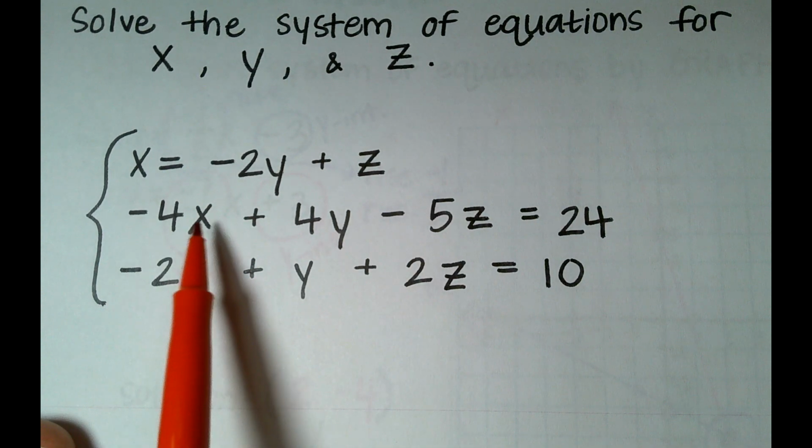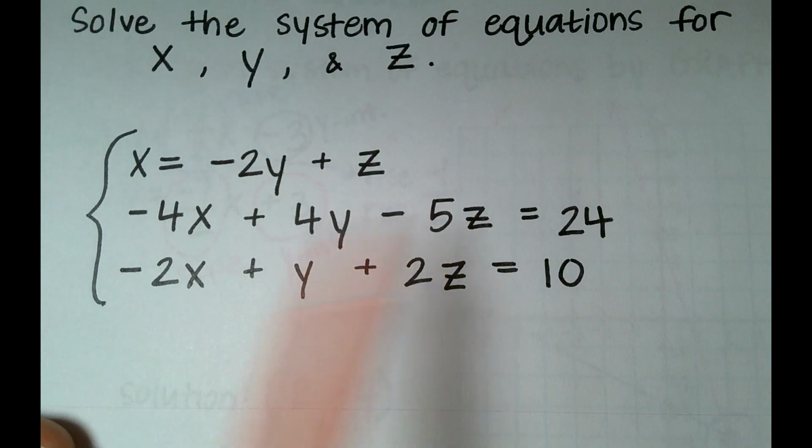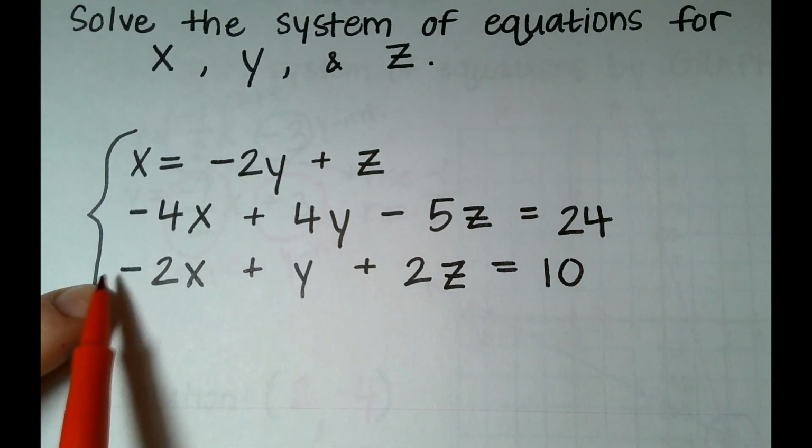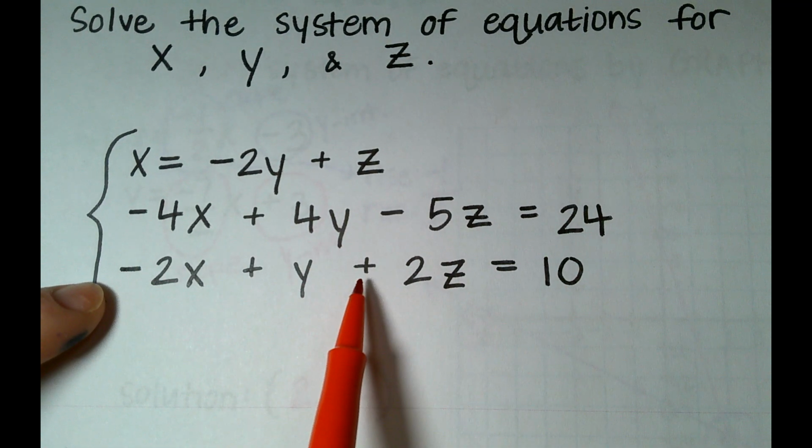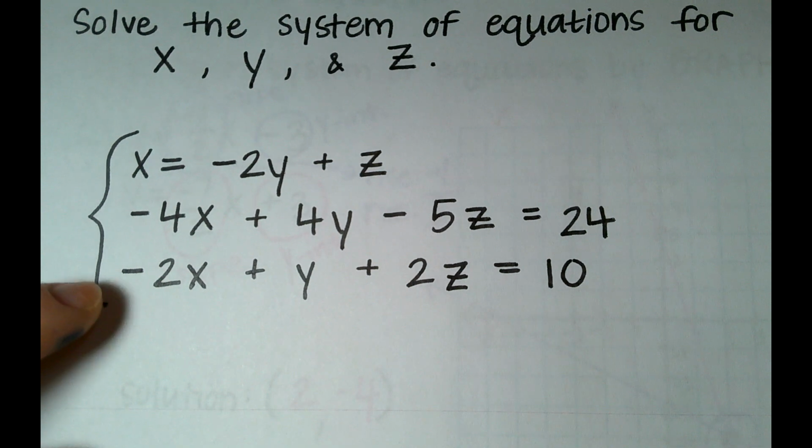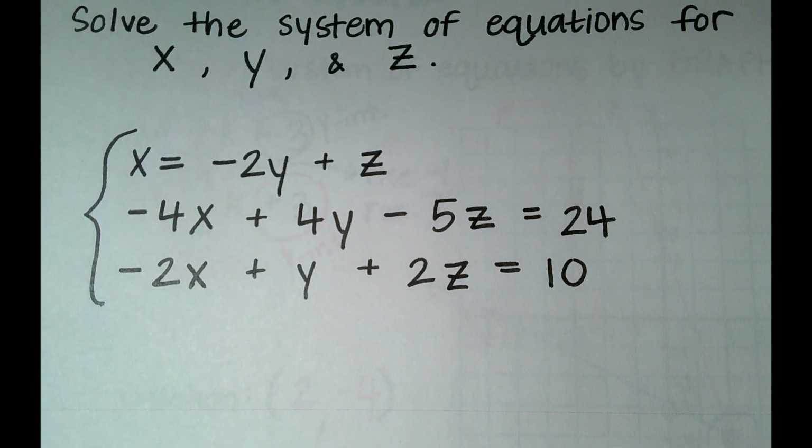I have negative 4x plus 4y minus 5z equals 24. I have negative 2x plus y plus 2z equals 10. Just by looking at these, do we have any ideas at all for how we might begin this problem?